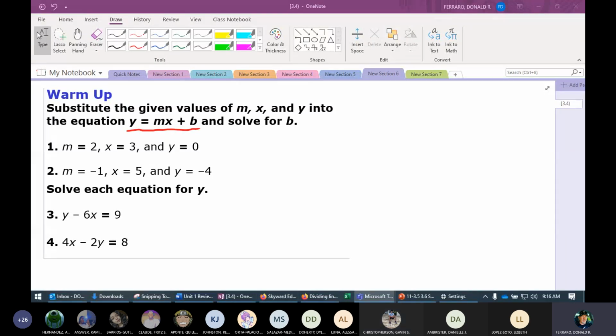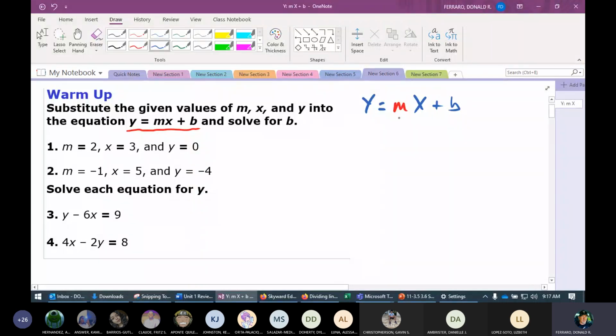So let's see. What we're looking at here is a slope-intercept equation. Many of you know y equals mx plus b. I'm going to make the m red, because that's one of the most important pieces of the puzzle when we're setting up a line. B is our y-intercept.